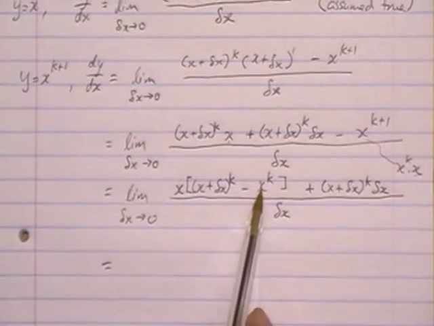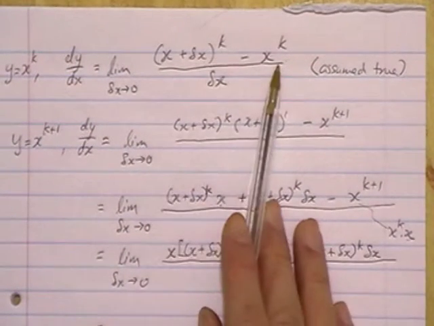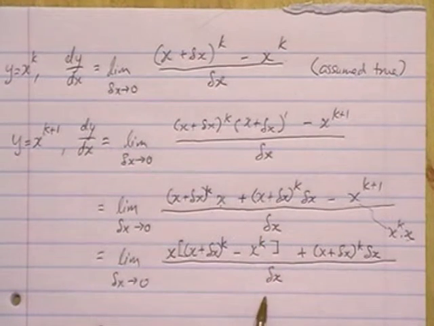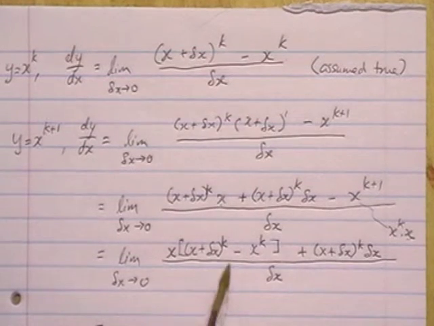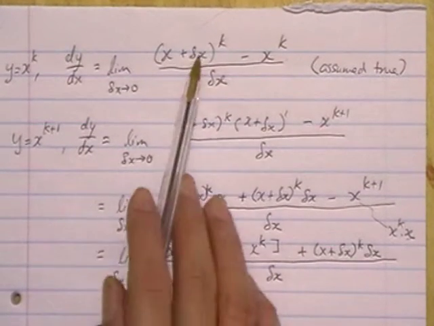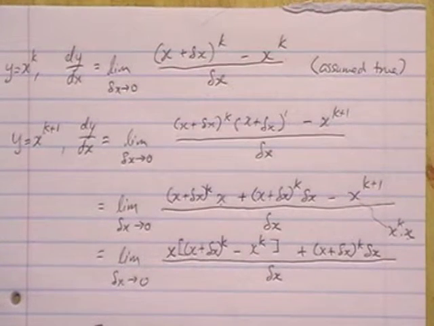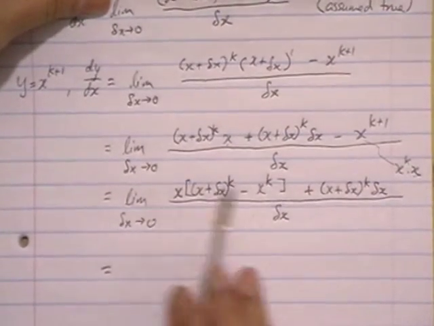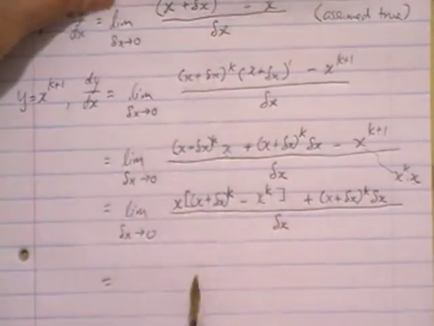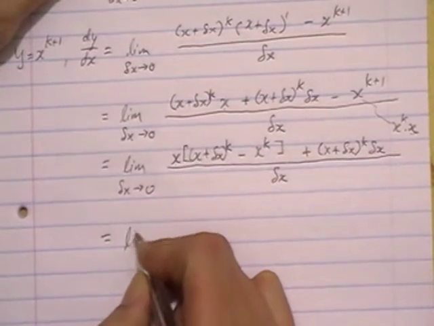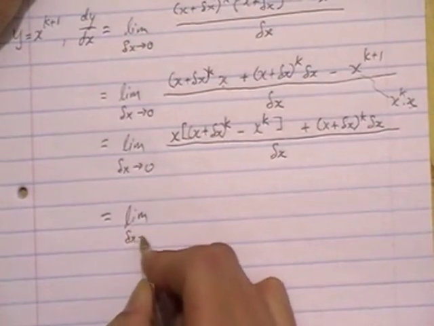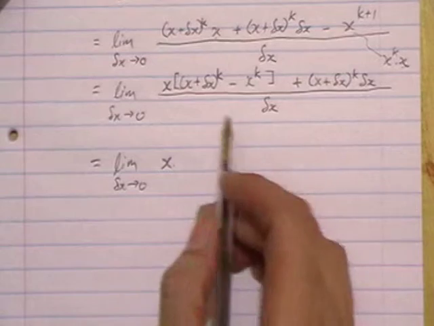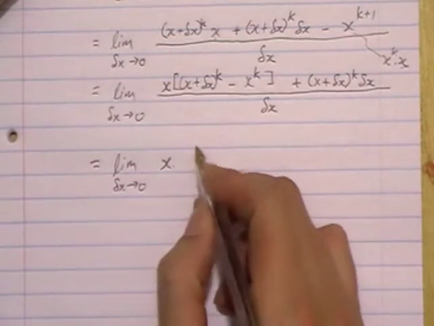This, as we've seen, looks exactly like that. And there is over delta x here, which I also have here. So to complete this connection, why don't I separate this out to make this part look exactly like that? Right, I have x here times this part.